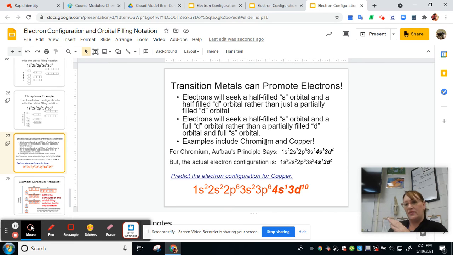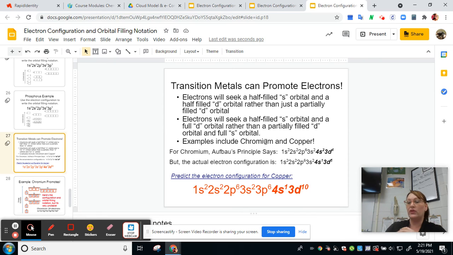So transition metals kind of have a unique ability because these overlapping sublevels are so close to each other. They have the ability to promote electrons out of an s sublevel into the higher d sublevel.